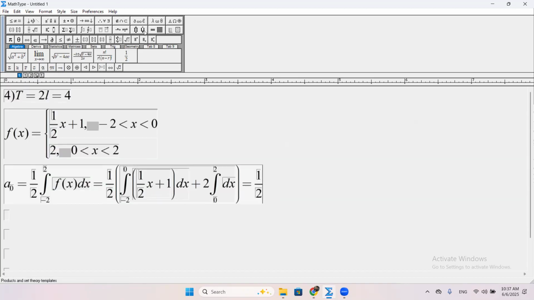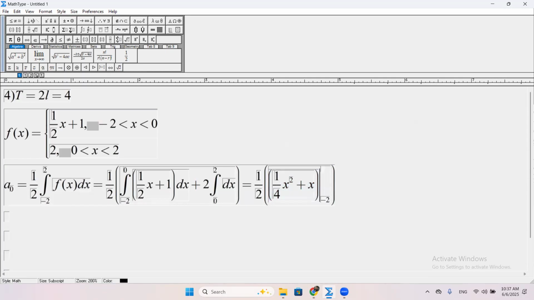So 1 over 2 and then 1 over 4 x square plus x with the substitutions from -2 to 0 plus 2x with the substitutions from 0 to 2. So 1 over 2.